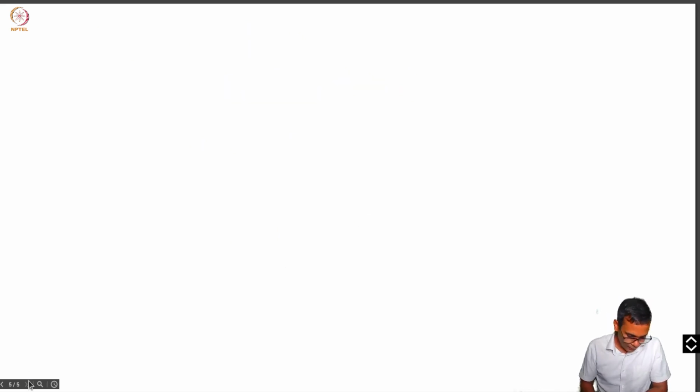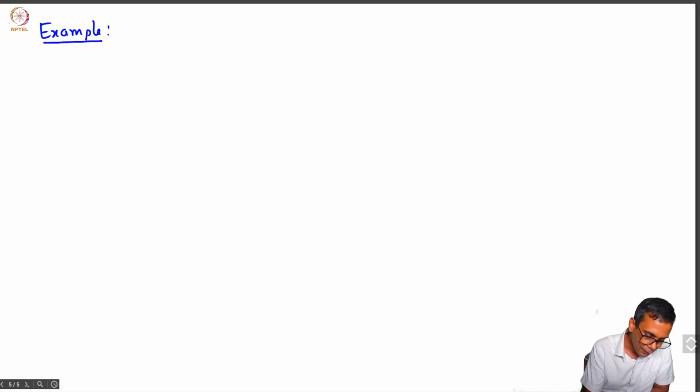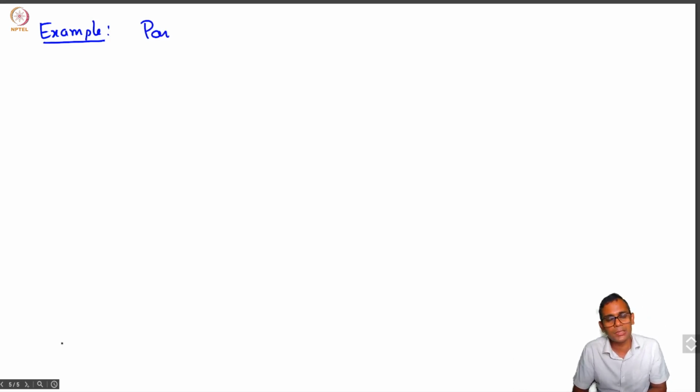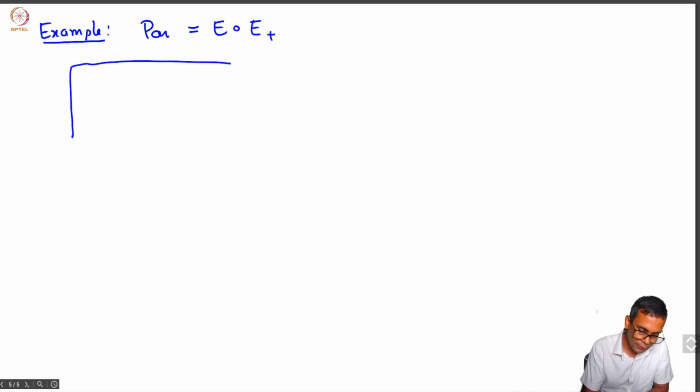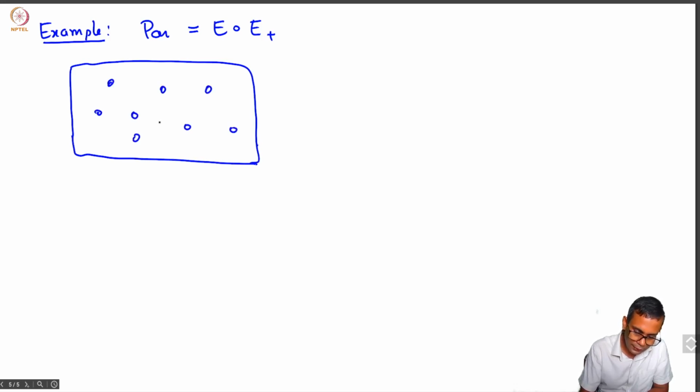Let's look at a couple of other interesting examples. This one is very beautiful and simple. The species of partitions, Par, is E circle E plus. What is a partition? Well, you have a set U and you have to divide it into blocks, the only condition being that each block has to be non-empty.